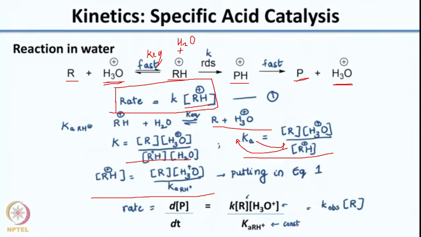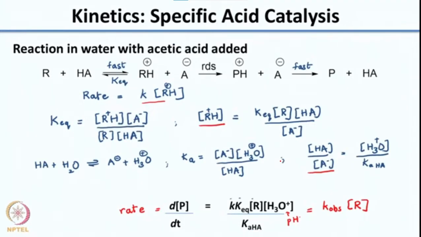So we can say that this is K observed, and H3O plus is our specific acid, right? So the rate depends on our specific acid also. In short, the rate equation will become K observed into concentration of R, because K is in the denominator, right? And H3O plus is a specific catalyst, or water, we can say. So that's why the rate will become this way. This is the kinetics of specific acid catalysis.